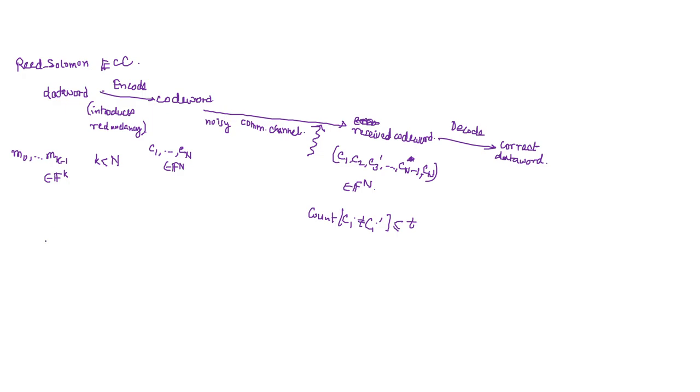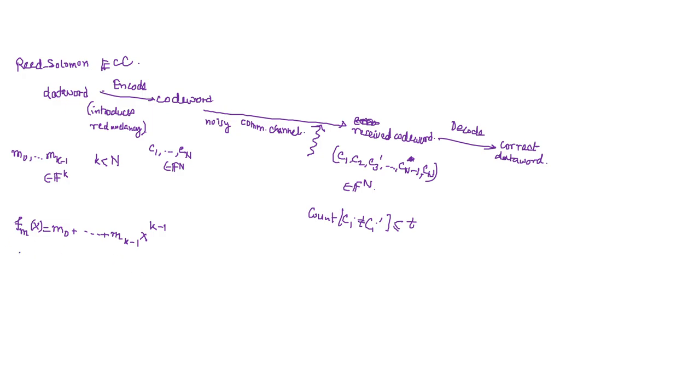Now in Reed-Solomon code, basically, if this is your message, how do you encode? You construct a message polynomial in this manner. The message elements are the coefficients of the polynomial, a k minus 1 degree polynomial.